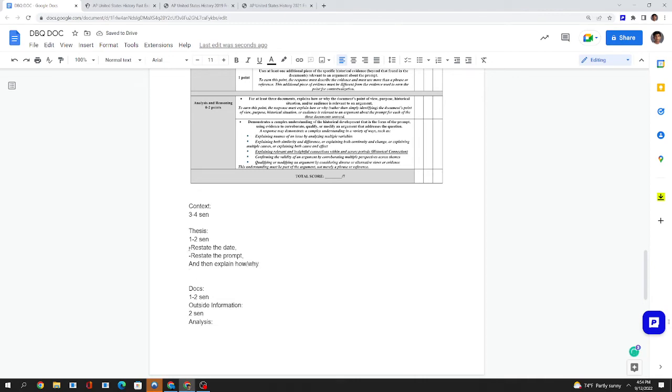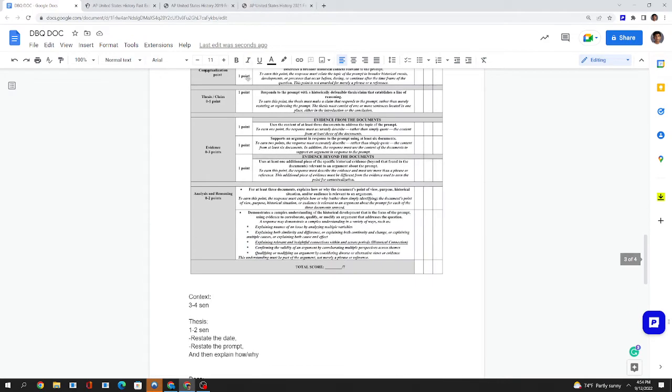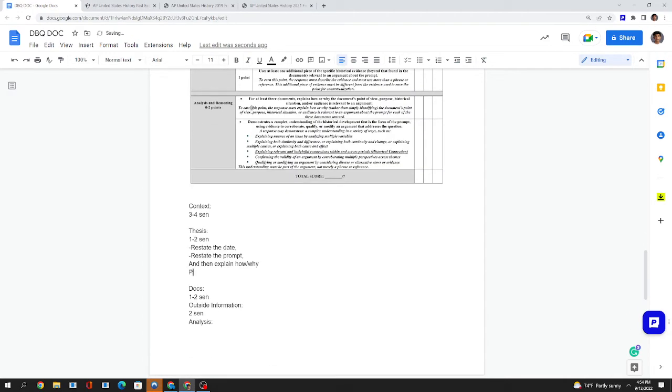If I were to respond to this prompt right here, how did the progressive movement make change? And of course, take a stance, and go in between if possible. That's just a tip. You don't have to. But if I were to write this now, I'd say the progressive movement between 1890 to 1920 fostered political change.